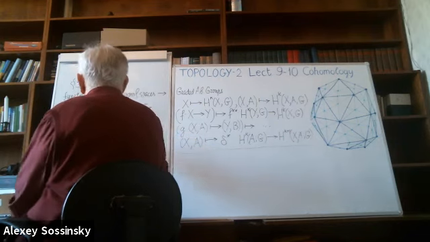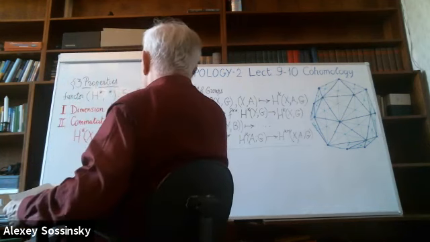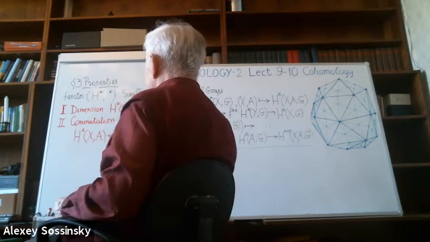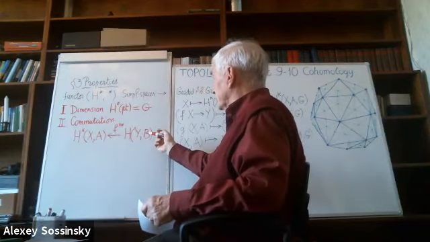So here f is a map of pairs from (X, A) to (Y, B). Then the induced homomorphism is in the opposite direction and goes like that.